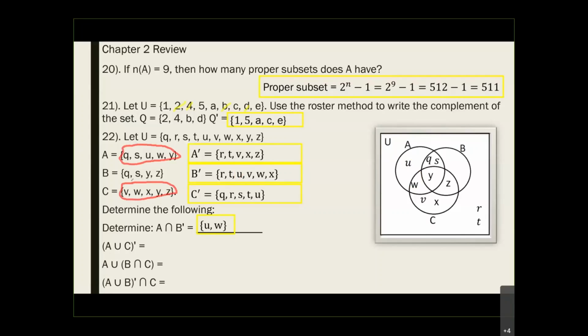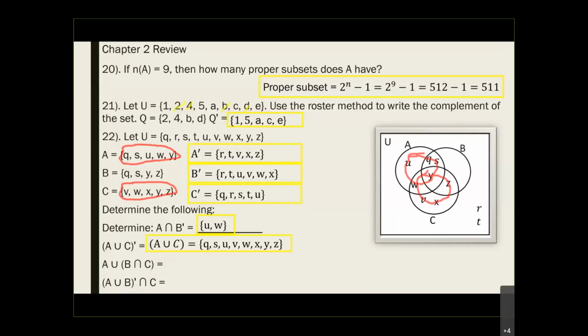So if you do the union, it is whatever is in A put together with whatever is in C. Everybody see that I put everything together except the R and the T. If I combine them together, I have Q, S, U, V, W, X, Y, and Z.